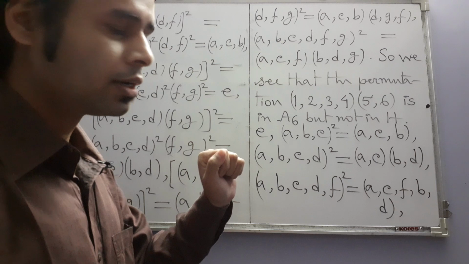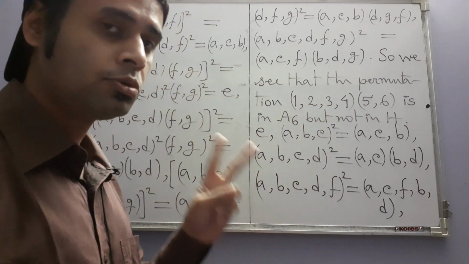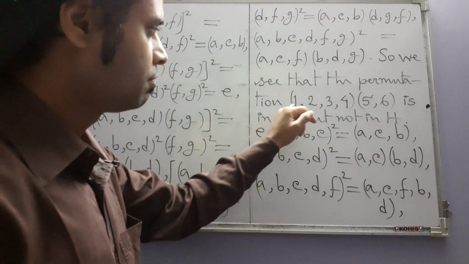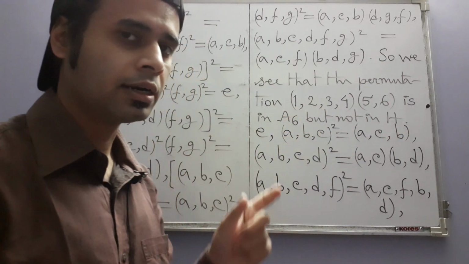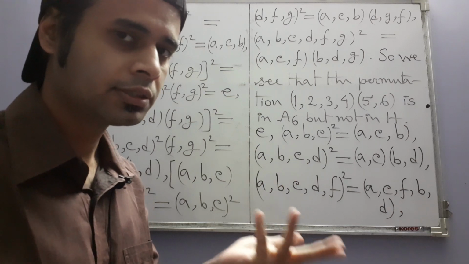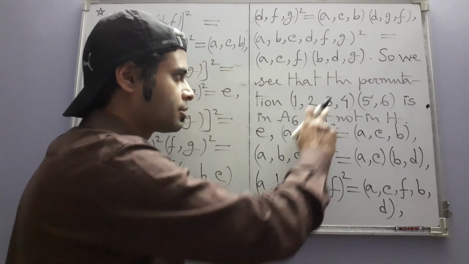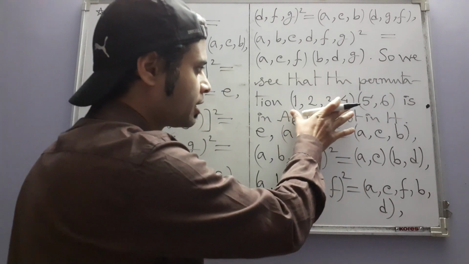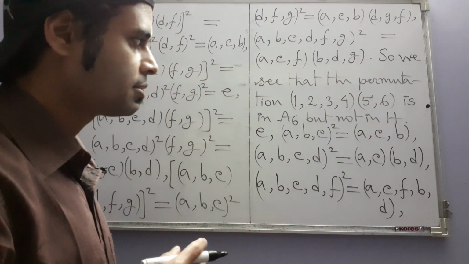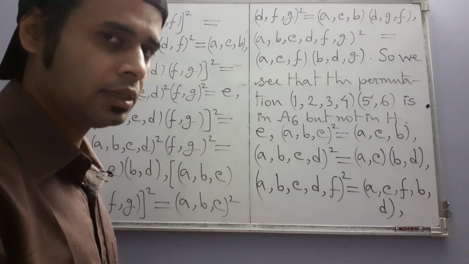Why is it even? That is because it's a product of 2 odd permutations. One of them is a 4 cycle and one of them is a single 2 cycle. A single 2 cycle by definition is an odd permutation, and a 4 cycle is odd because the length 4 is even, and we know that the product of 2 odd permutations is an even permutation.